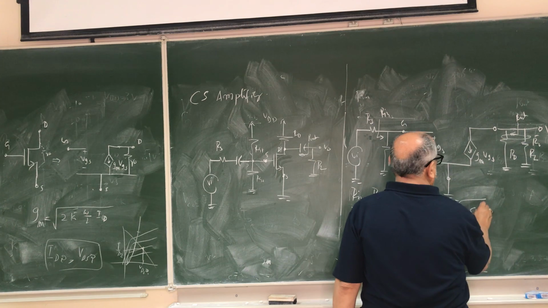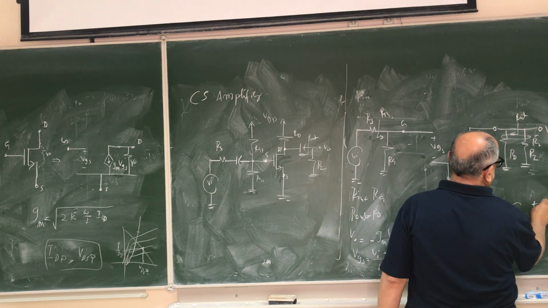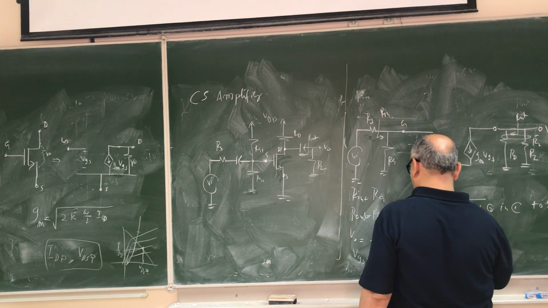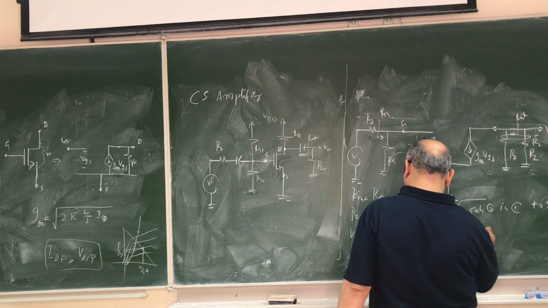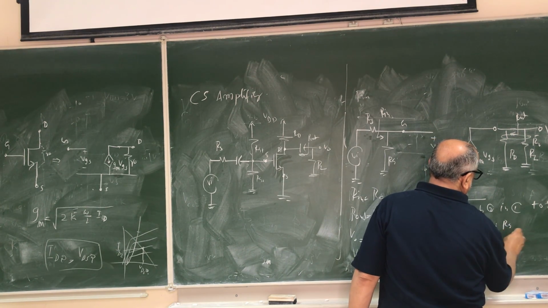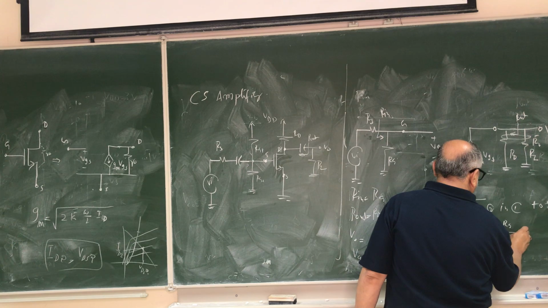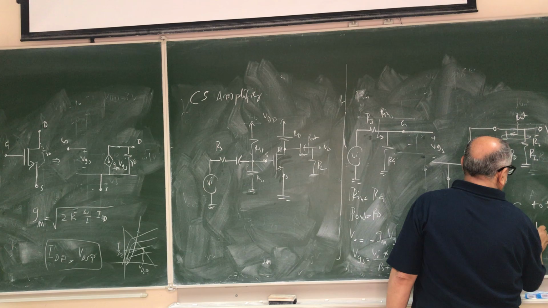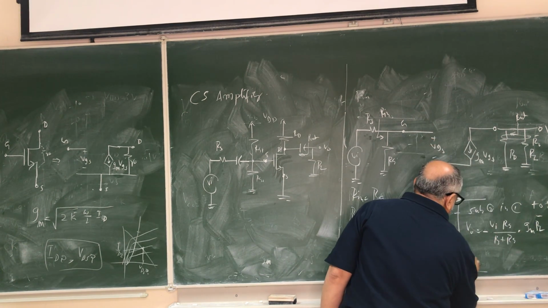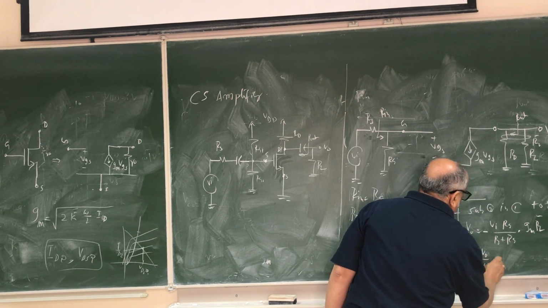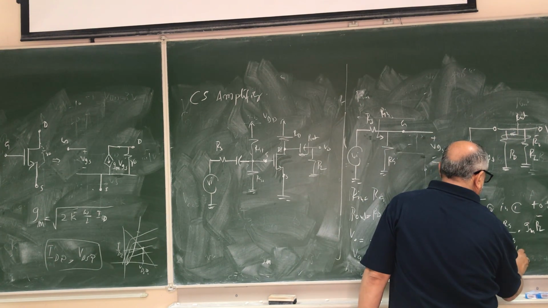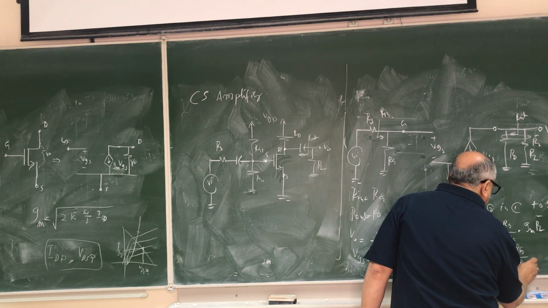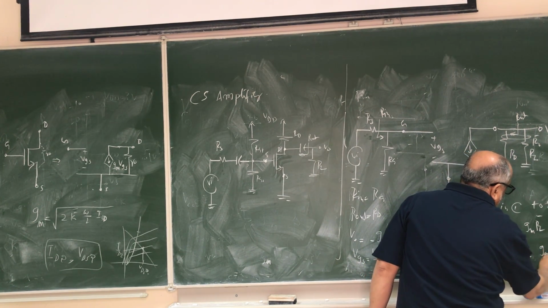So if we substitute 2 in 1, we get V out equal to minus VI RG over RS plus RG times GM RL dash. If we divide V out over VI, that is the gain, which is minus RG over RS plus RG times GM RL dash.